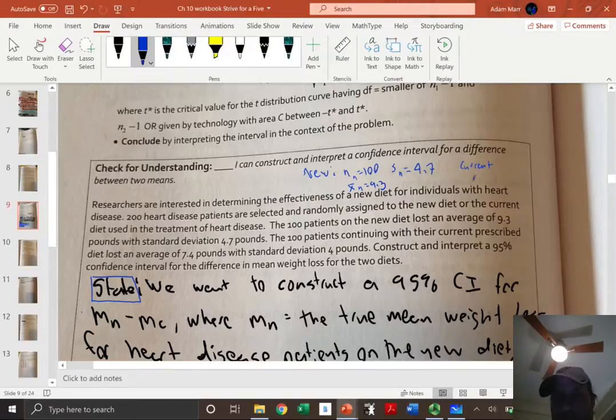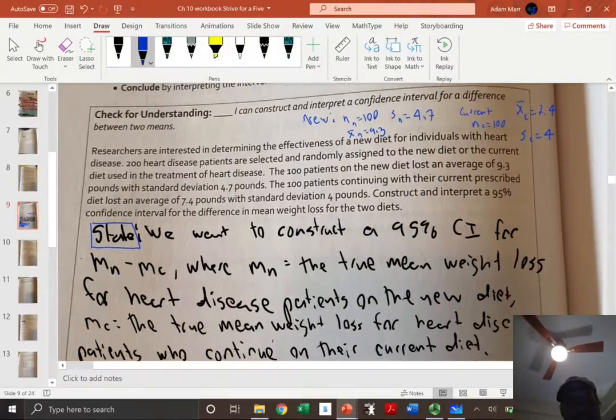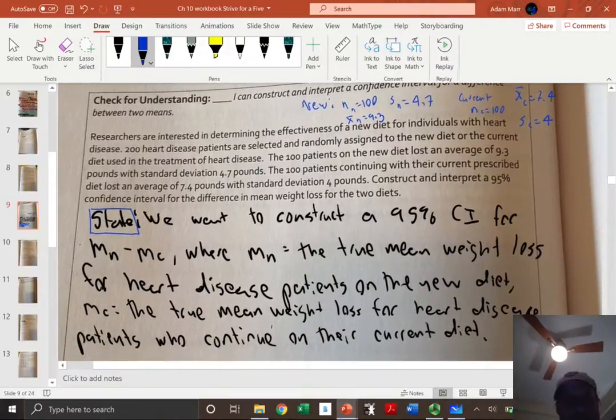We're going to say that n sub c equals 100, because that's 100 people. We're going to say right here, the average x bar of c is going to be 7.4. And the standard deviation is 4, so we'll say s, that's a sample, right? s of c equals 4. Okay, that's good just to have that right there. All right, no problem. Let's do it.